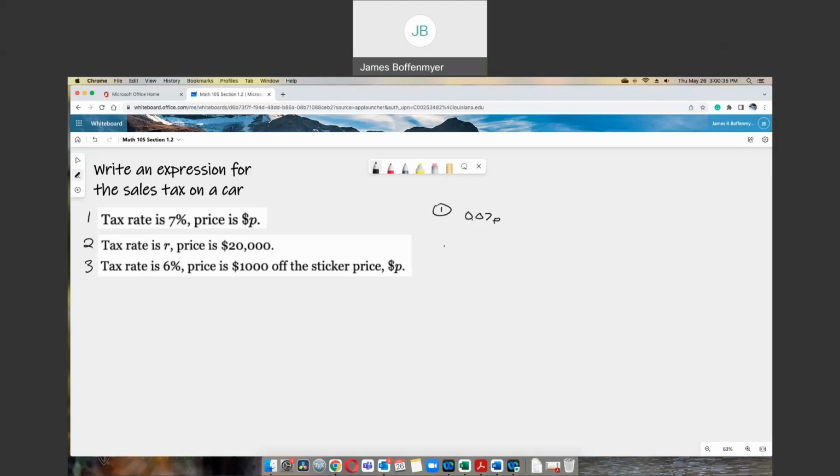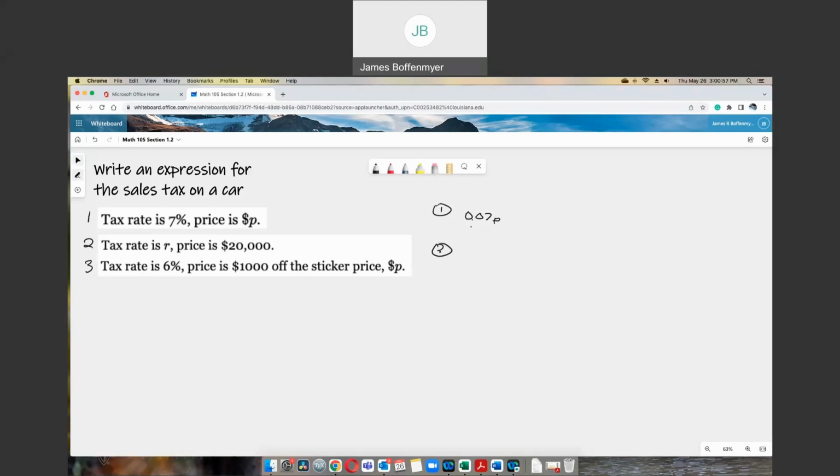Okay. Now for part two, the tax rate is R and the price is $20,000. So this one's going to be similar to what we just did, except we're dealing with just different variables, different letters.